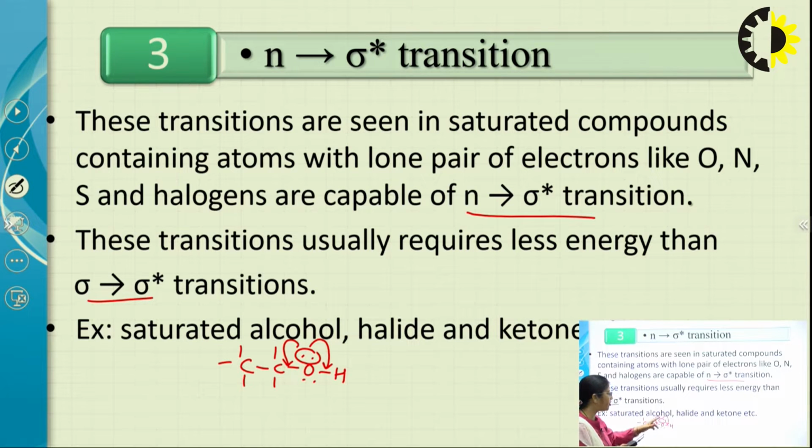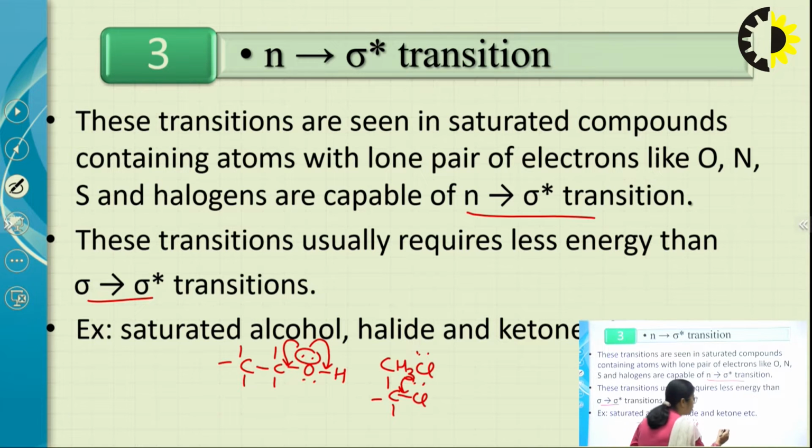So this type of transition is the n to sigma star transition. Similarly, methyl chloride. Now here chlorine has a lone pair of electrons. Again, since all the nearby bonds are saturated, the electrons are going to show the n to sigma star transition. There is no pi orbital available to them.